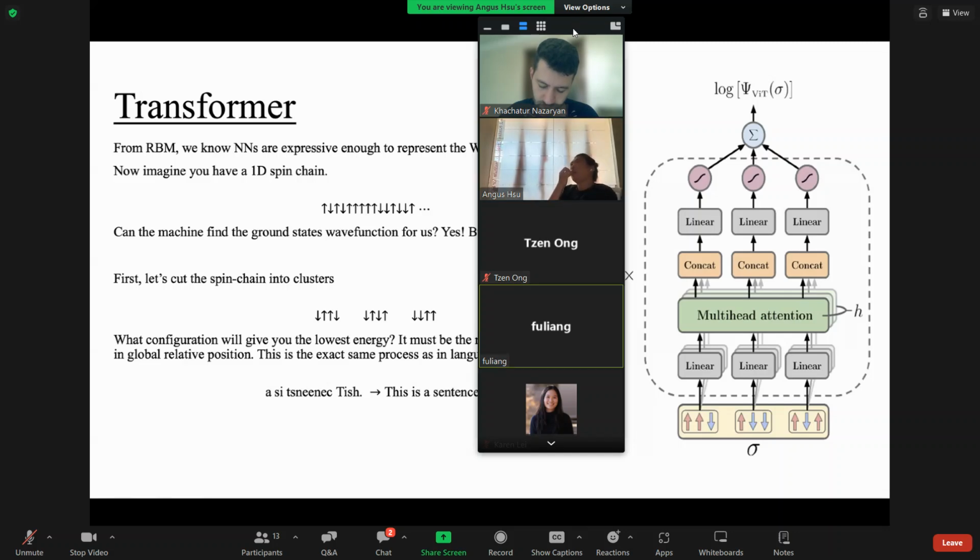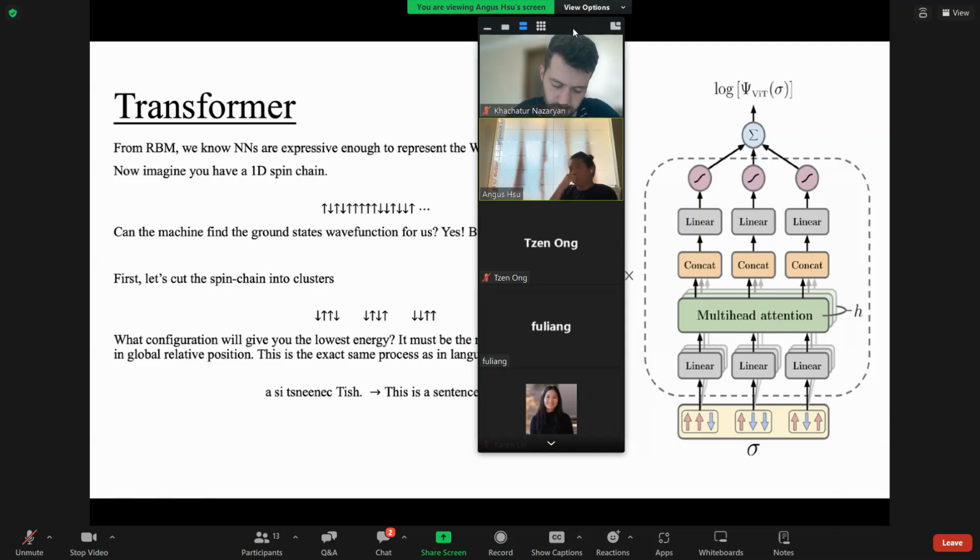Yes, I agree. What I'm really trying to say, at the end of the day, is that if you think about your variational parameters, you are essentially assuming that every block of three spins has the same kind of variational parameters. So in the end, the number of variational parameters is still very small.